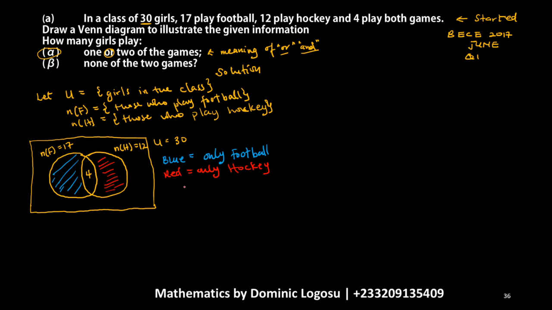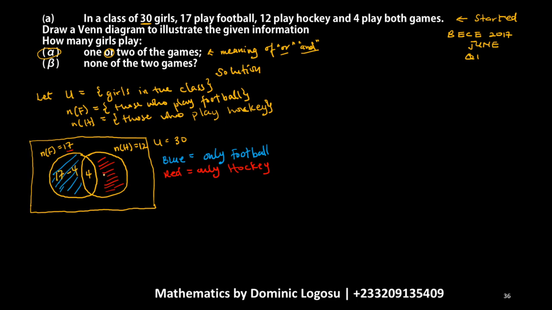So if we have both games, then it basically means to find the only, we need to subtract the both games from the total number of students, because the total number of students who play football, whether they play football and hockey or just football, they are 17. Okay, so we are going to do the subtraction in order to find only those who play football. So we're going to write 17 minus 4.